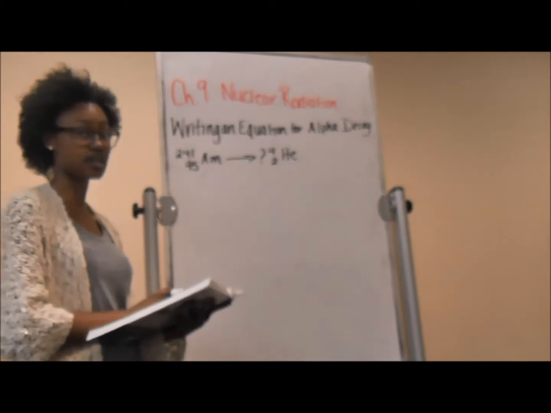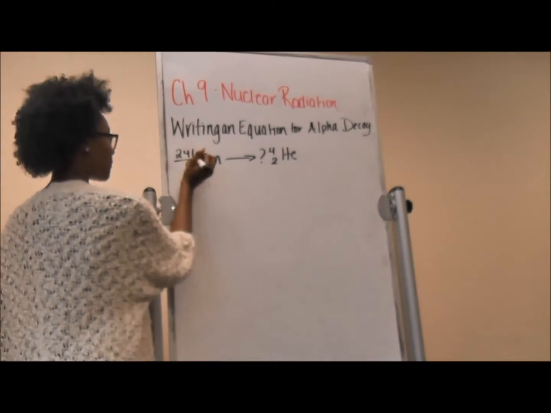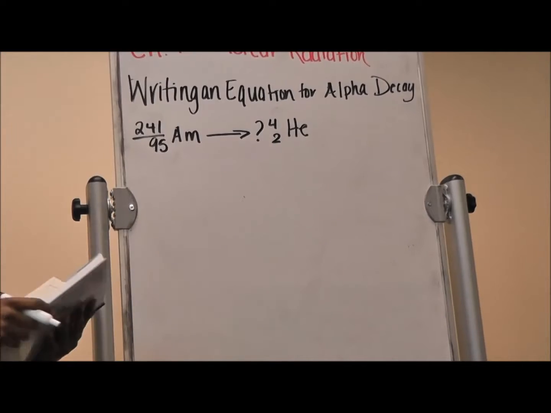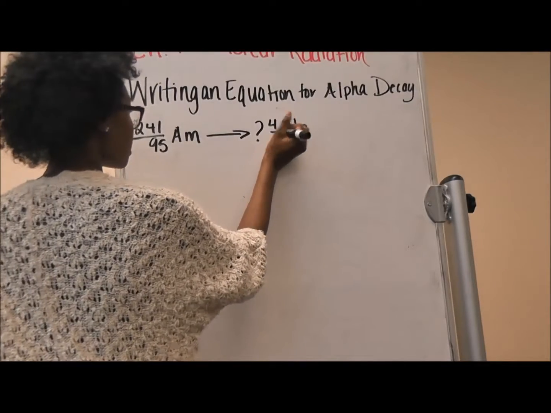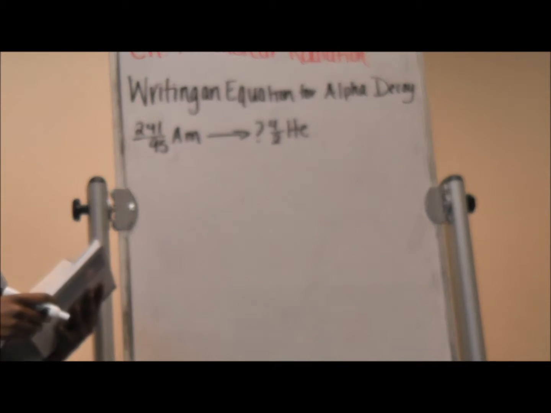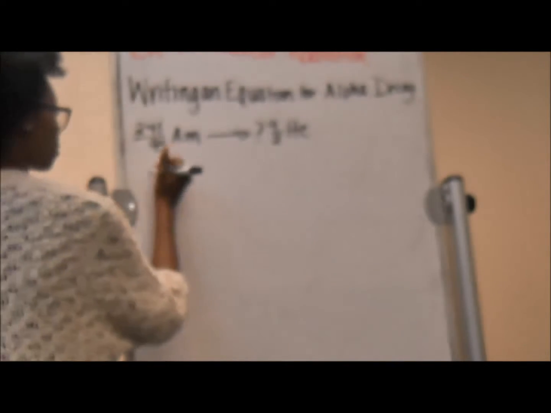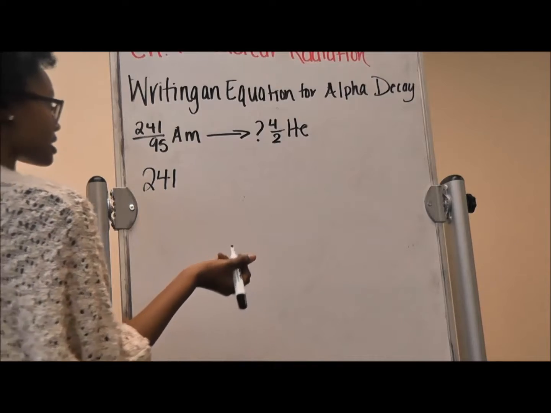In order to do so, we take the mass number of americium and subtract the mass number of the emitted alpha particle, which is 4. So we subtract 4 from 241, which is the mass number of americium.